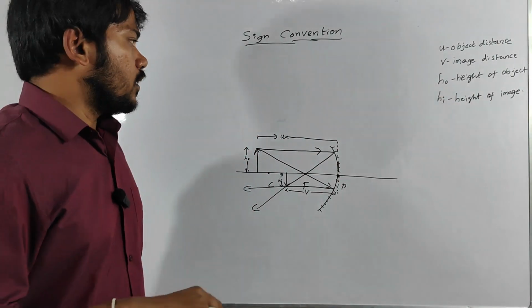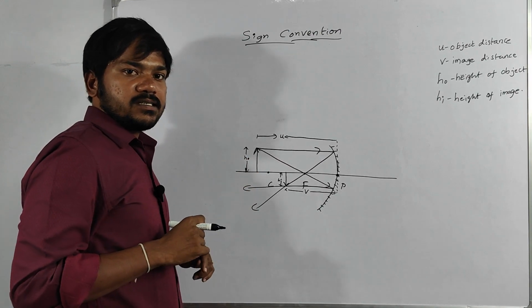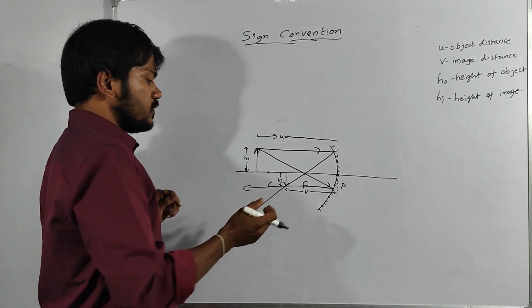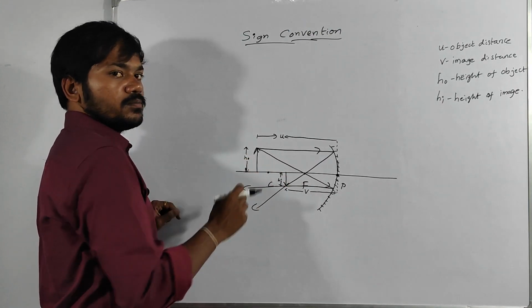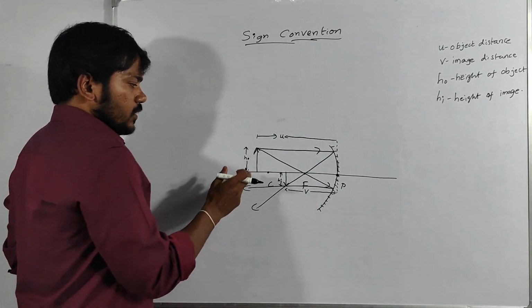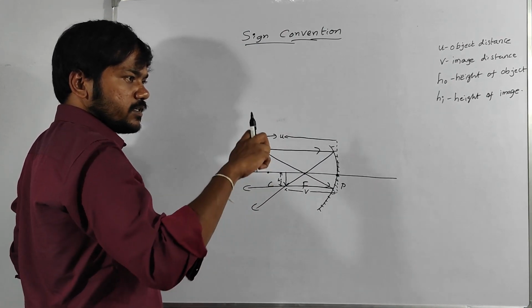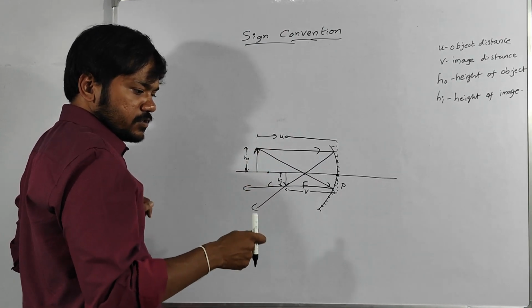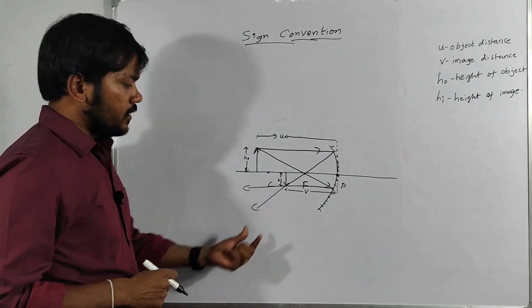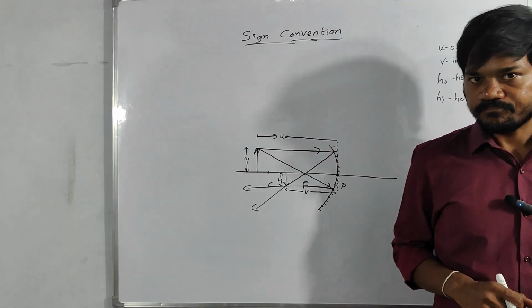Now why and how is this sign convention necessary to study the image with respect to the object mathematically? It's so simple. If I consider HO, the height of the object, as positive, as the image is inverted, I can take the height of the image as negative.